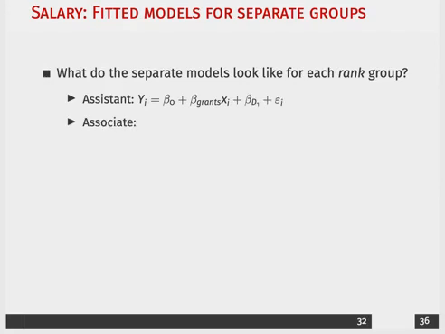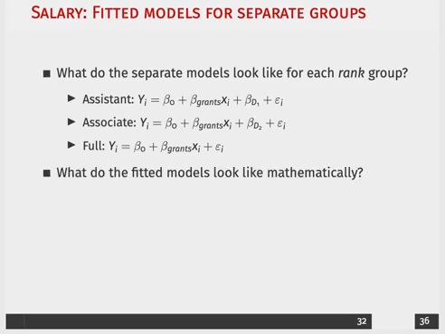Just the first dummy. The second will be associate. That'll be our intercept plus the beta value for grants plus our second dummy, or sorry, not the second beta and the first dummy, the third beta and the second dummy. Then for full, we just have our intercept and our beta as well as the value for grants. Neither of the dummies, right?